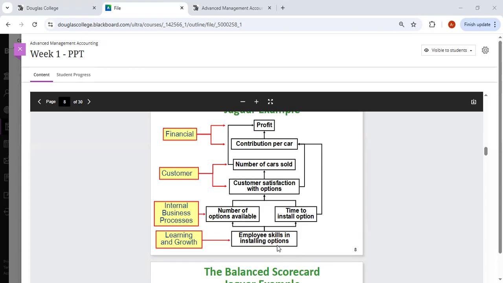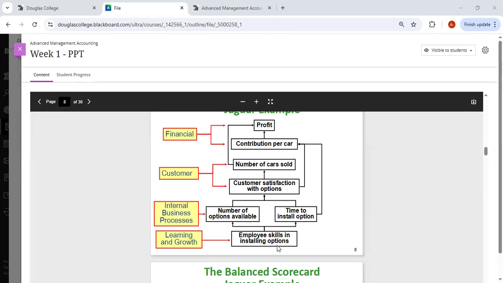If the employees have the skills to install more options in our car, how is that going to help us? Well, first, once there are more skills on the options, it's going to take us less time to come up with the options. So we're more time efficient, so we're saving on the costs. With more options, we're going to have more available options for our customers.